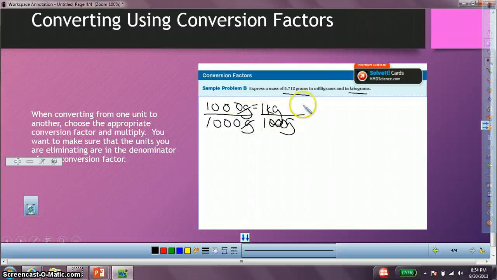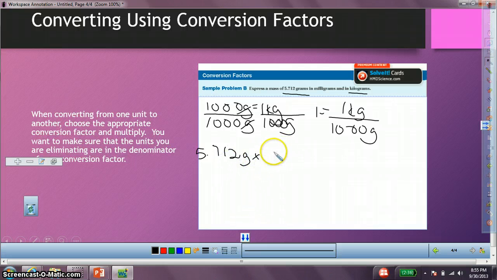Units will cancel, and we'll have 1 kilogram over 1,000. There's our conversion factor that we're going to use. We're going to take our original quantity of 5.712 grams and multiply by our conversion factor.